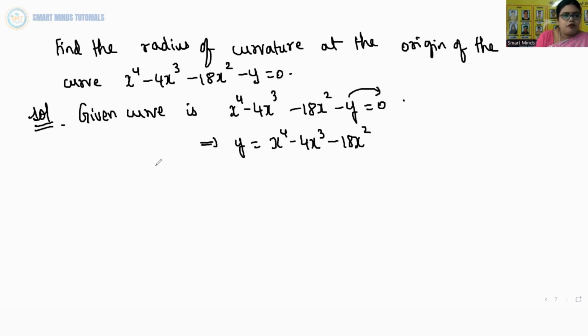Okay. So now we have a formula for radius of curvature. So write the same formula which we have written in the last problem.